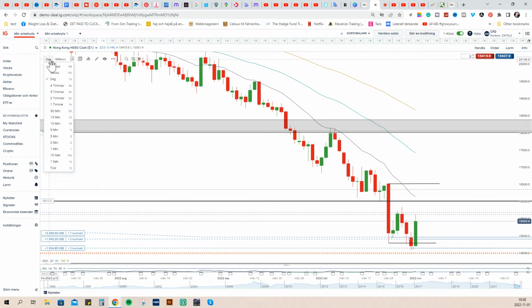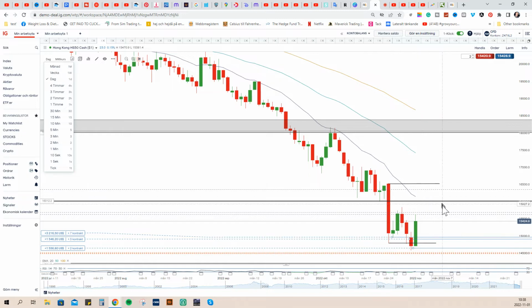Let's have a look on the 4-hour chart. And before I show you the 4-hour chart, I just want to say that I very often look for false breaks. False breaks like this is a bearish trap, or let's say it's a bullish trap.